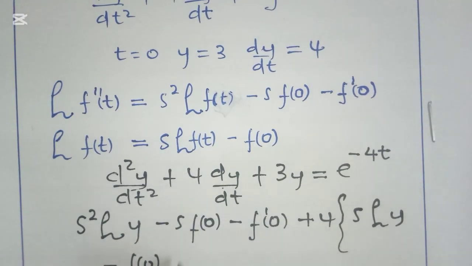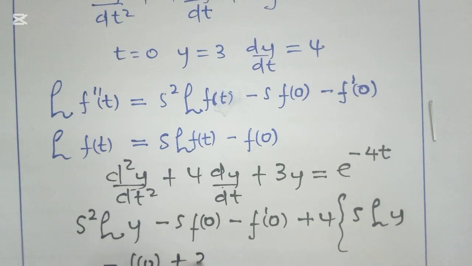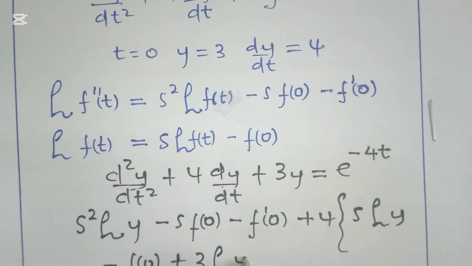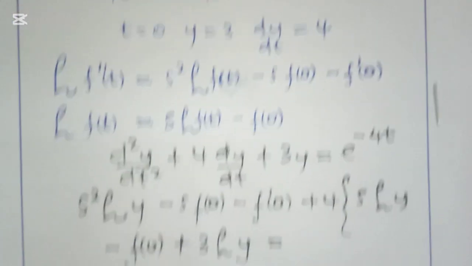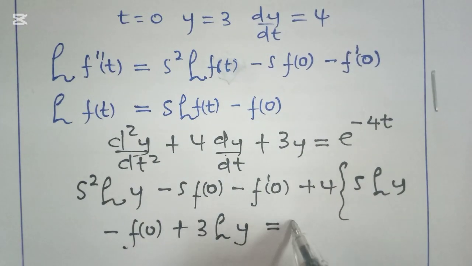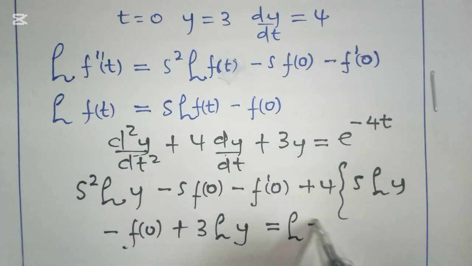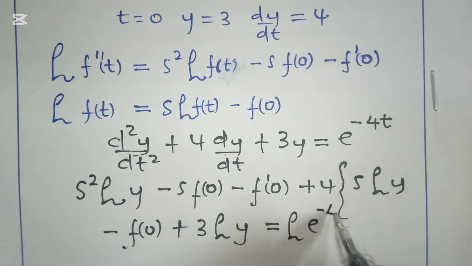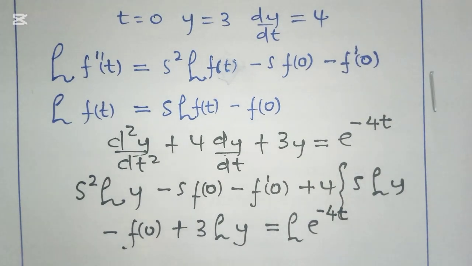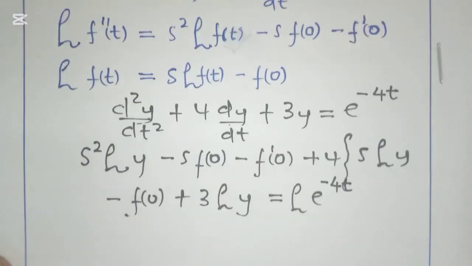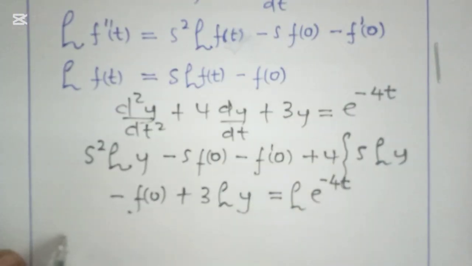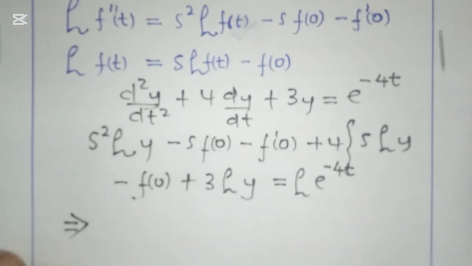Now plus 3, and of course here is the Laplace transform of y. This, guys, should be equal to the Laplace transform of e raised to negative 4t, like that. So with that, guys, we can now go ahead and do the question as necessary.